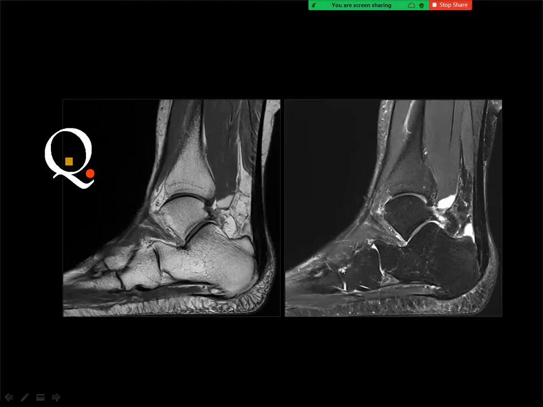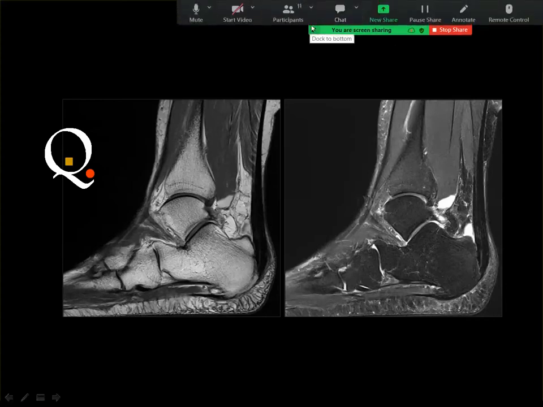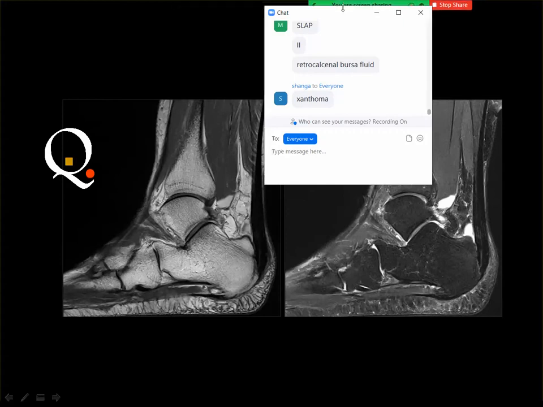And this is MRI of the ankle, T2 and STIR images. Tendinoma, no. In tendinoma, the tendon is markedly enlarged, but this tendon is slightly swollen.